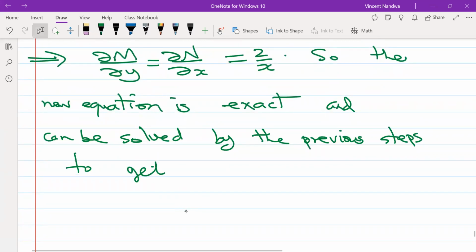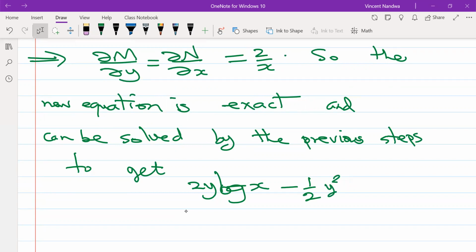To get that the solution will be 2y log of x minus a half y squared equals to c.